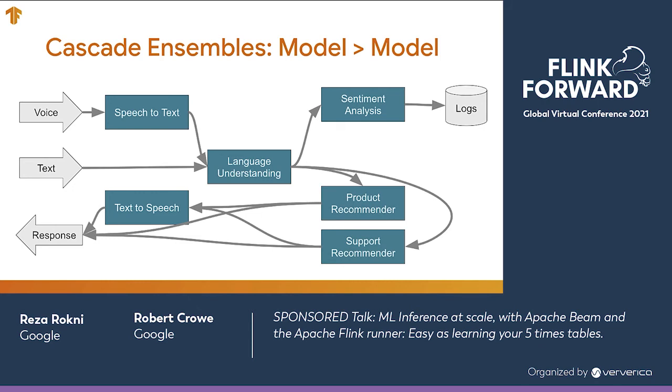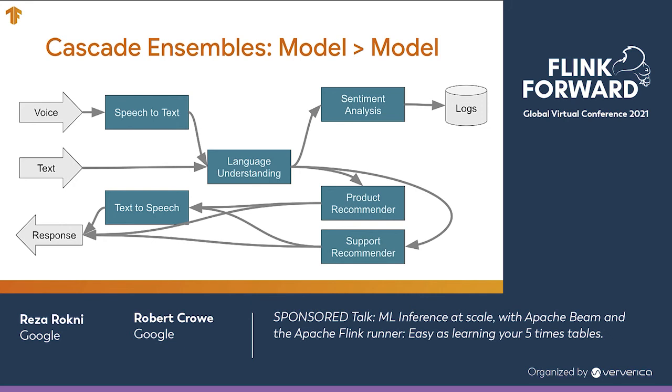And then I can use what I understand from that user in my product recommender. I can also use it in a support recommender, since they could be asking for a support problem, we don't really know what they're asking about. So it could be support or it could be a product. And then I need to give the user a response.